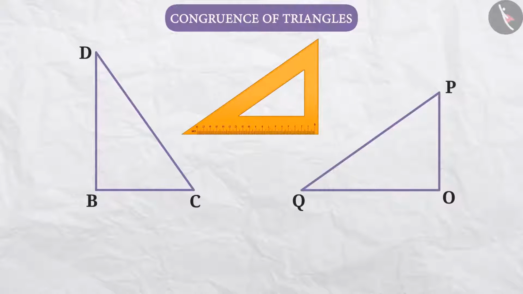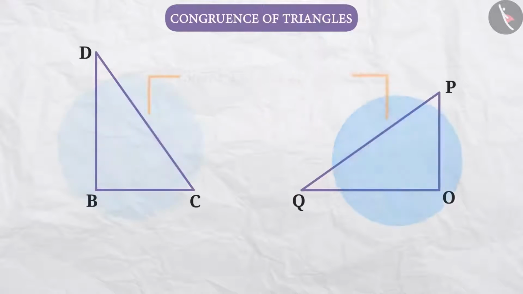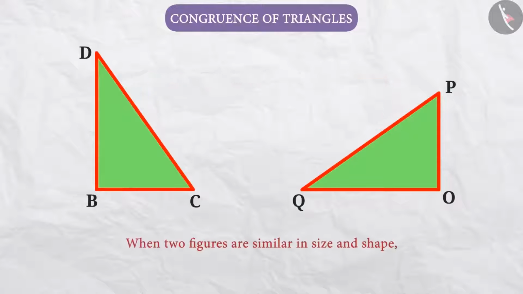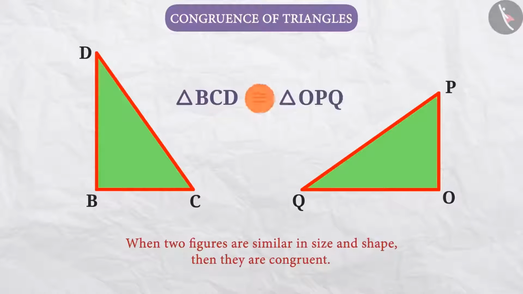Since both are drawn by the same set squares, we can say that their shape and size are equal. We know that when two figures are similar in size and shape, then they are congruent. In this way, triangle BCD and triangle OPQ are congruent.